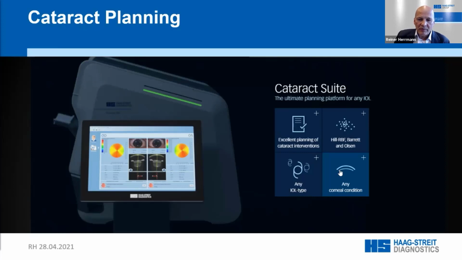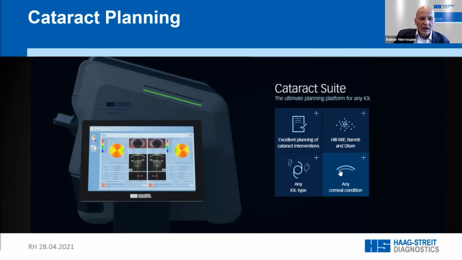And as you probably know, the Hill RBF is purely data-driven, and it is a calculation method based on artificial intelligence that has shown excellent outcomes in numerous studies, and it is really suited for all types of eyes, be it short, long, or normal eyes. And the Hill RBF also provides reliability features such as the boundary model, which are really unique in IOL calculation.